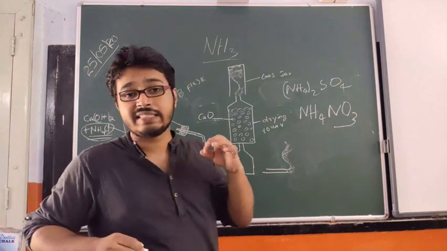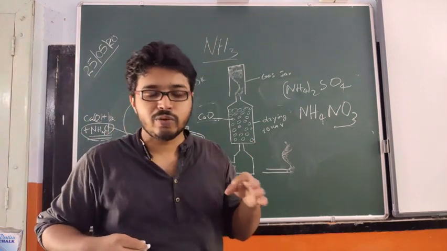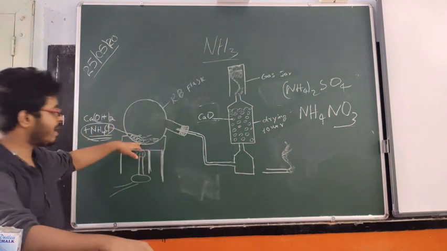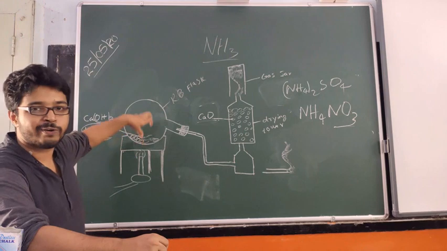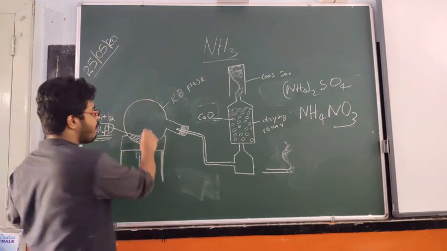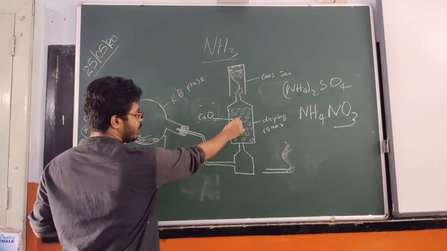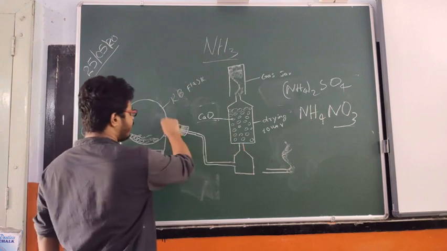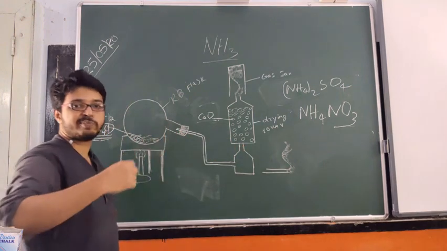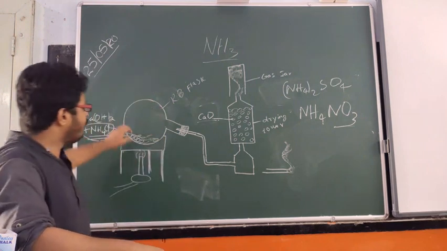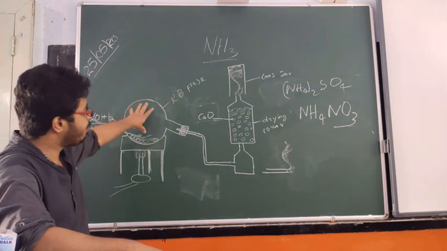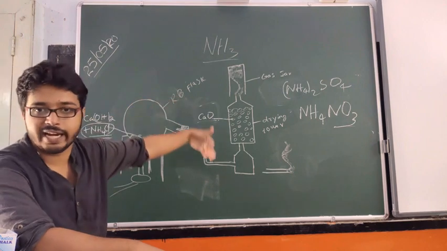A solid turns directly into gas. So what happens if you are heating ammonium chloride? You can observe ammonium chloride vapors. So instead of ammonia gas that is supposed to come out from the RB flask, you can also expect some ammonium chloride vapors. To avoid that, we are keeping the RB flask a little bit inclined.